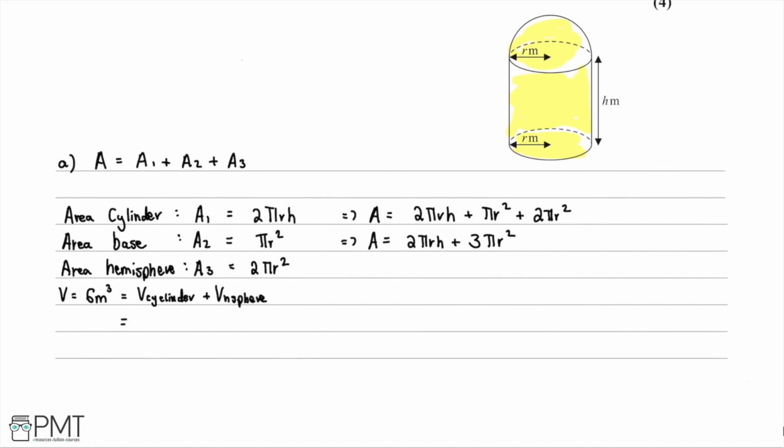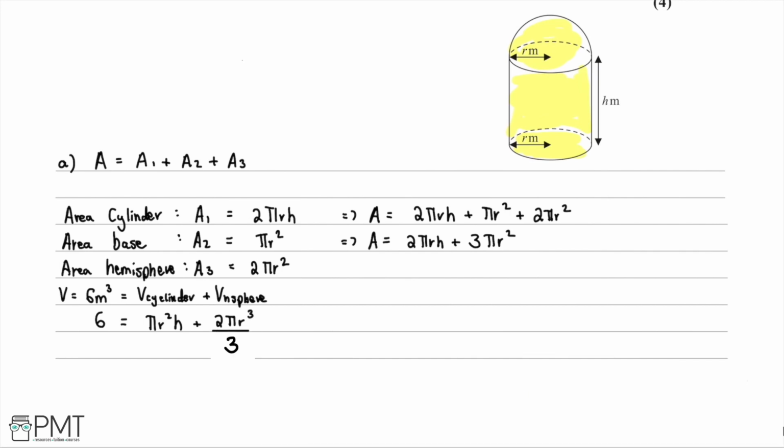And then we can work these out. We know that the volume of a cylinder is going to be pi r squared multiplied by the height. And we know that the volume of a sphere is going to be 4 over 3 pi r cubed. We have the hemisphere, so we again divide by 2. This gives us that the volume of the hemisphere is 2 pi r cubed divided by 3.